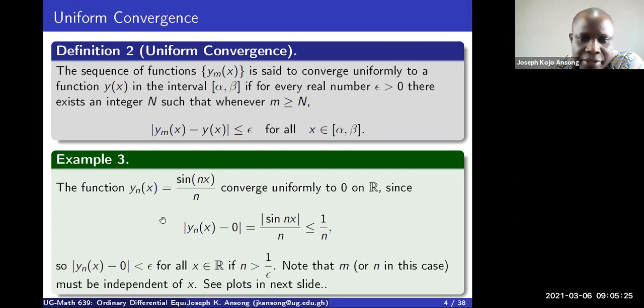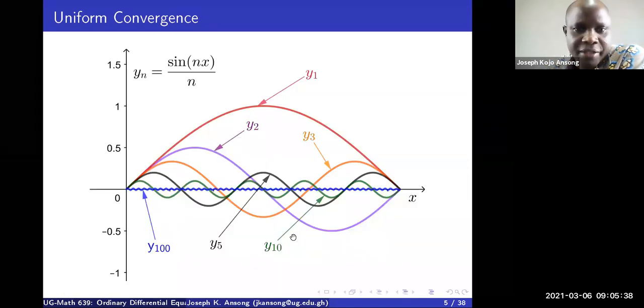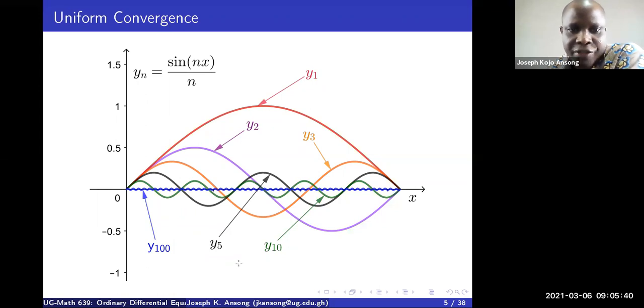To see that this actually converges to 0, of course, you can find the limit as n goes to infinity. You can also do a couple of plots, as I have done here, and you actually see that the functions approach 0. They all converge to 0 for all values of x. For n is 1, this is how the function looks.